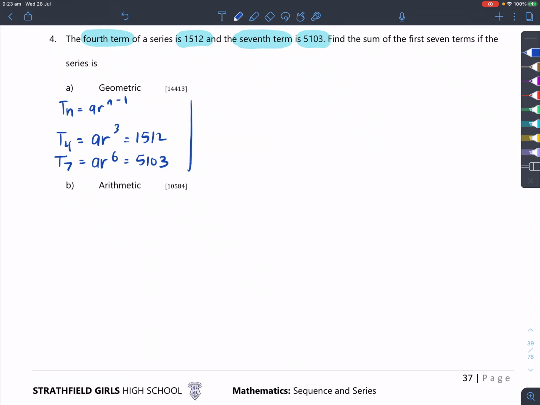Remember to always divide the equation that has the higher power of r, which is equation 2, divided by equation 1. So this will generate ar to the power 6 over ar cubed, and that's equal to 5103 over 1512.